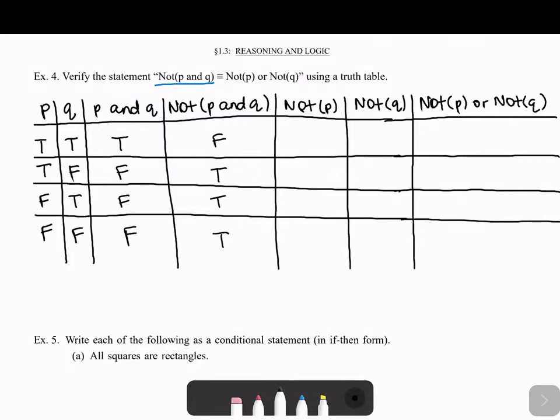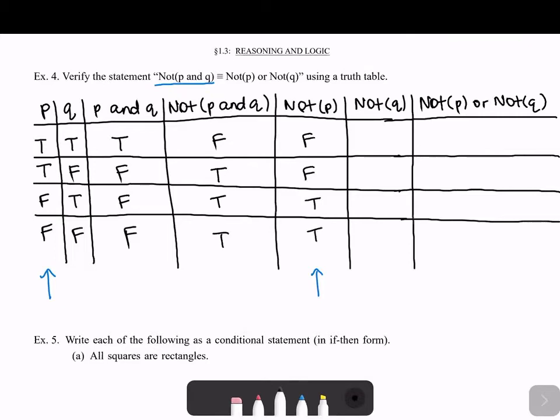I'm not going to do that on here because I can't put a pen or pencil on the tablet I'm writing on, but I'll draw a little arrow down here to make sure that when we're looking at not P, we need to look back at P and negate it. So P has true, true, false, false, and we negate that to get false, false, true, true.